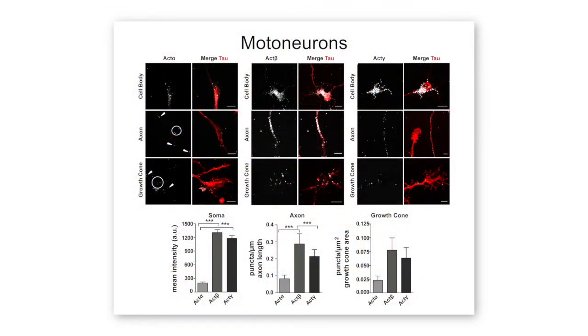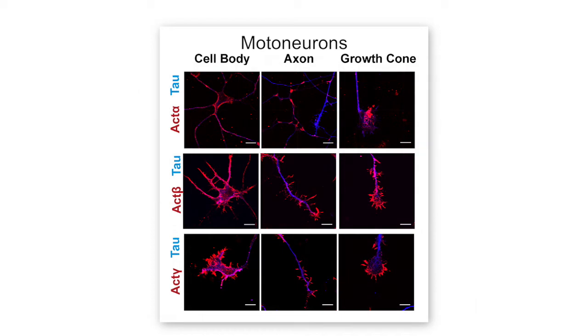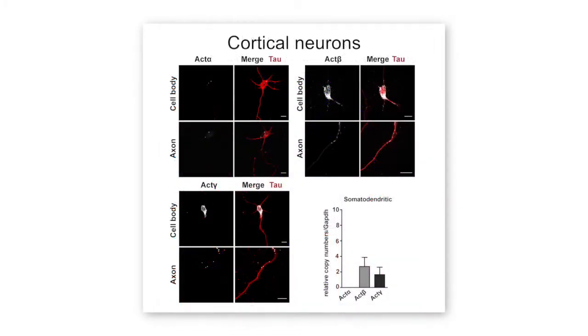The mRNAs encoding all three isoforms were translocated into axons, where they were locally translated, such that alpha-actin accumulated at axonal branch points, beta-actin assembled into dynamic actin filaments in the growth cone and growth cone filopodia, and gamma-actin polymerized into filaments in both the soma and axon.